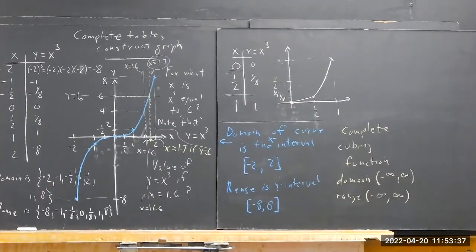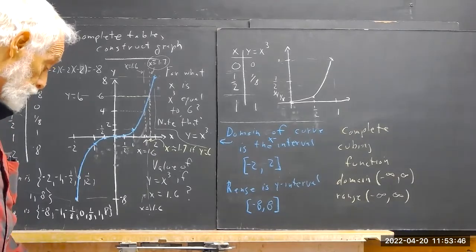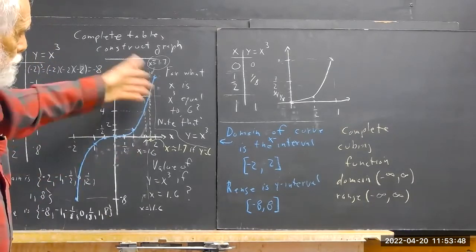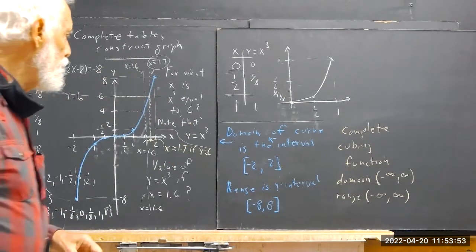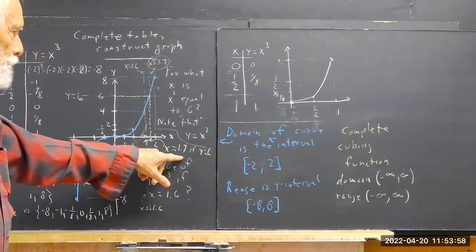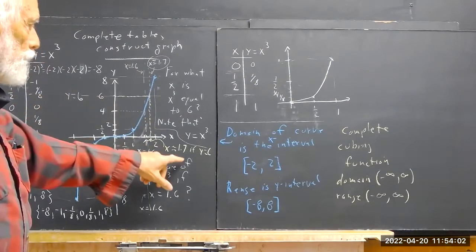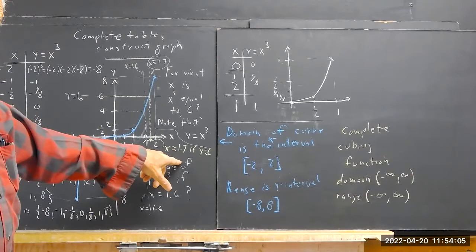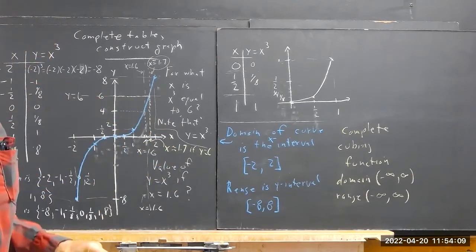So that's the idea of domain and range. One other comment, just to bring this into some of the recent stuff we did. We're going to say then that if y equals 6 when x equals 1.7, that means 1.7 cubed is 6, right?